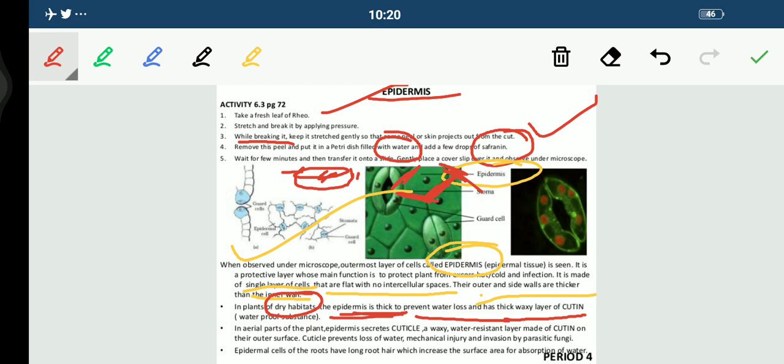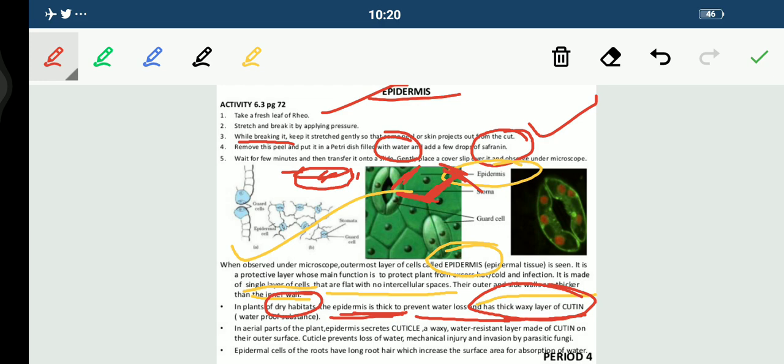This waxy layer of cutin acts like a waterproof layer, so no extra water would come outside. Transpiration would be less, because in a dry habitat water is very essential for plants, so we don't want our plants to lose much water.